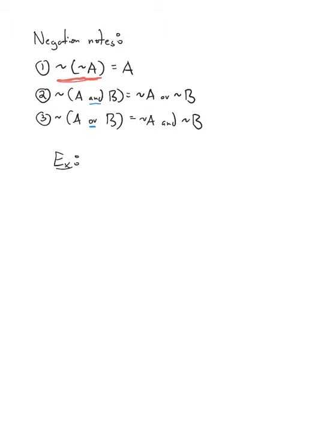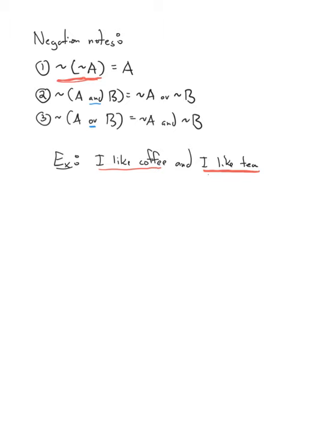So imagine I had the statement, I like coffee and I like tea. So if that's my statement there, here's my A, here's my B. Well, that is only true if both "I like coffee" is true and "I like tea" is true. Remember, ands are true exactly when both parts of the and are true. So if we wanted to negate this, if we wanted to think about a situation where this would be false, well, it's false in any other situation.